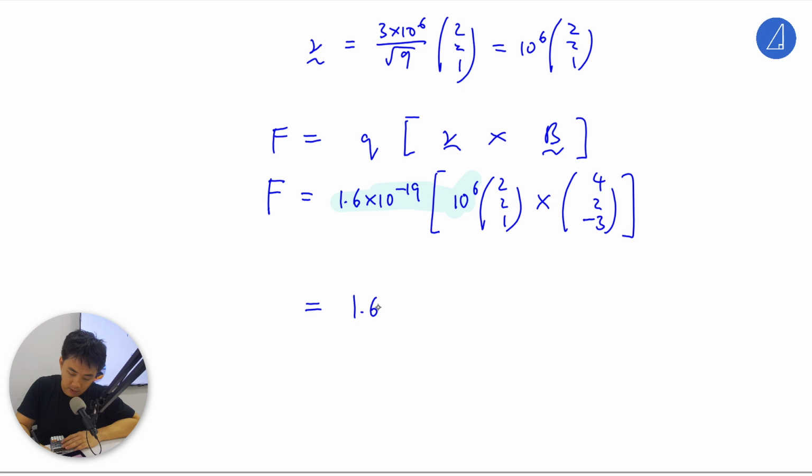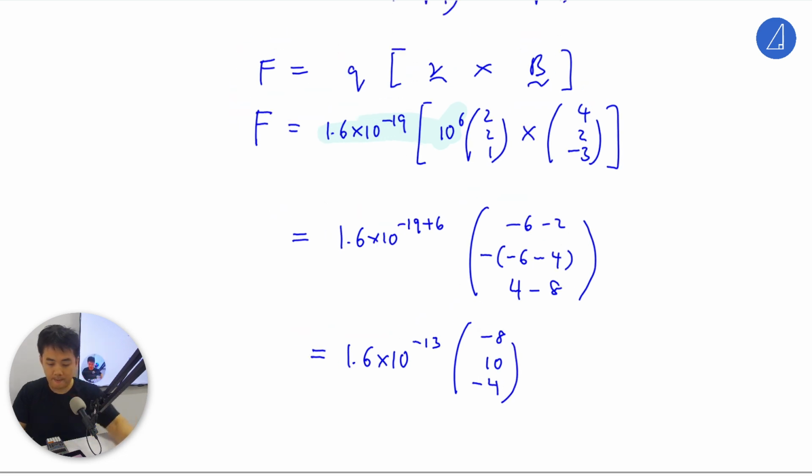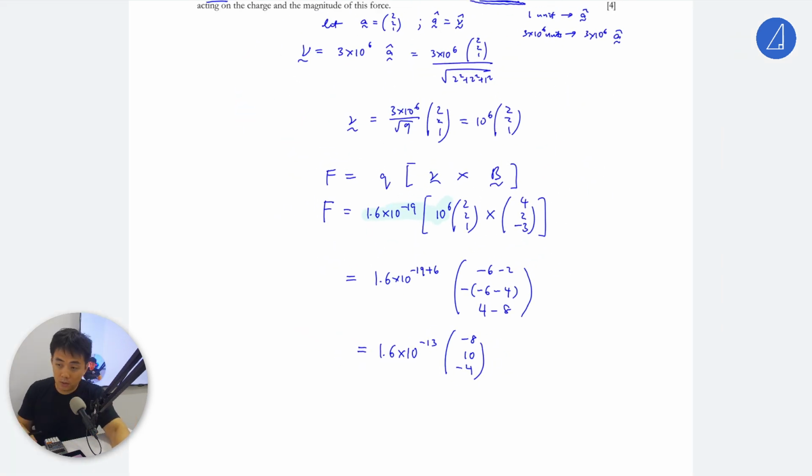This will be 1.6 times 10 to the power something. Crossing these two, the cross product gives minus 6 minus 2, negative 6 minus 4, 4 minus 8. I'm going to factorize the 2 out.